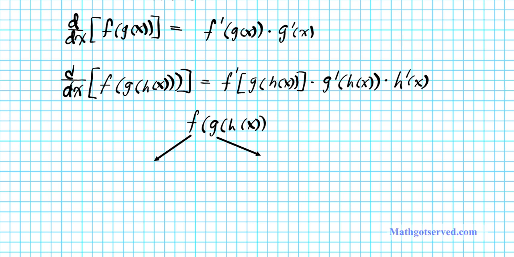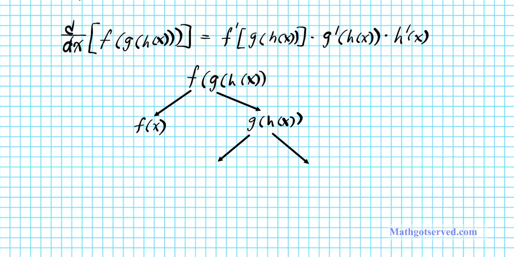So we have f of x and g of h of x. Since g of h of x is a composite function, it can be decomposed into g and h. So we have g of x and h of x. If we compose g and h, we get g of h of x. If we compose f and g, we get f of g of h of x.